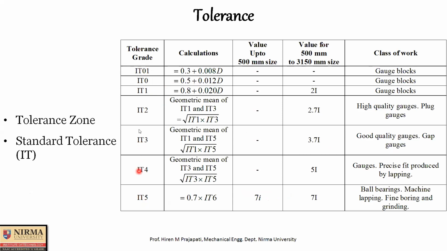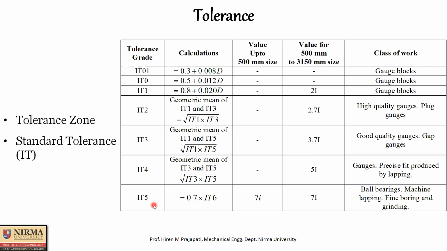Then these grades are actually indicating the manufacturing process. Which manufacturing process can give you which IT grade? So here if you see IT5, then if you use lapping operation or fine boring or grinding operation, then you get tolerance or the variation in the dimension of grade IT5.